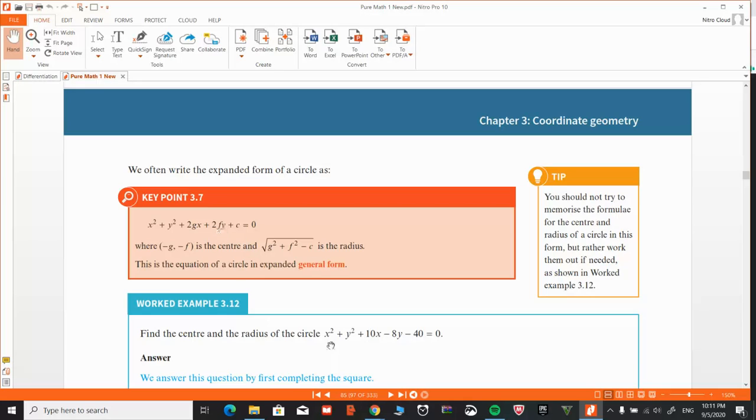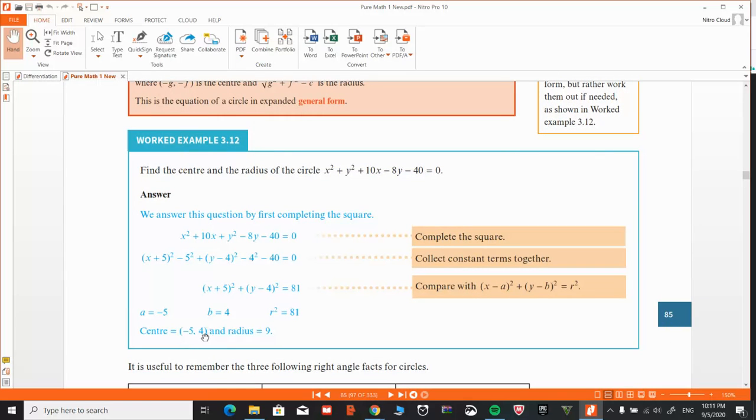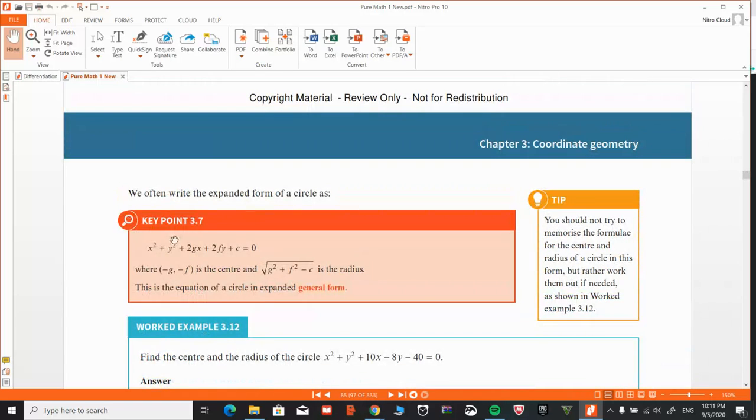I can see 2f, which is the coefficient next to y, is negative 8, so f is negative 4. Okay, so I got g is 5, f is negative 4. So the center is the negatives of those, so the answer is negative 5 and positive 4. I found g and f first, then put them in this formula.